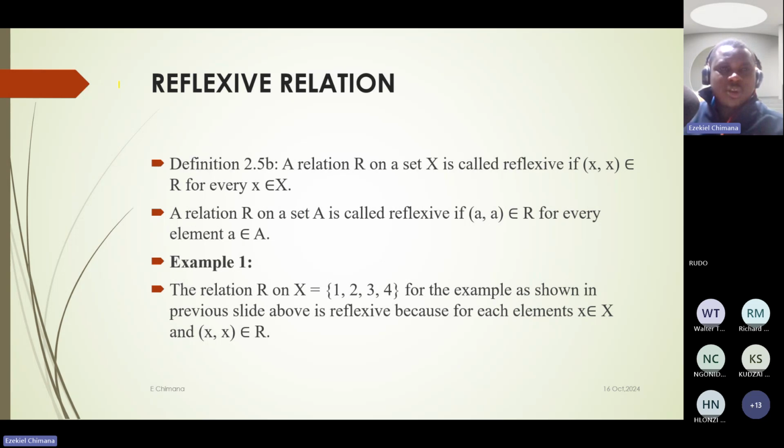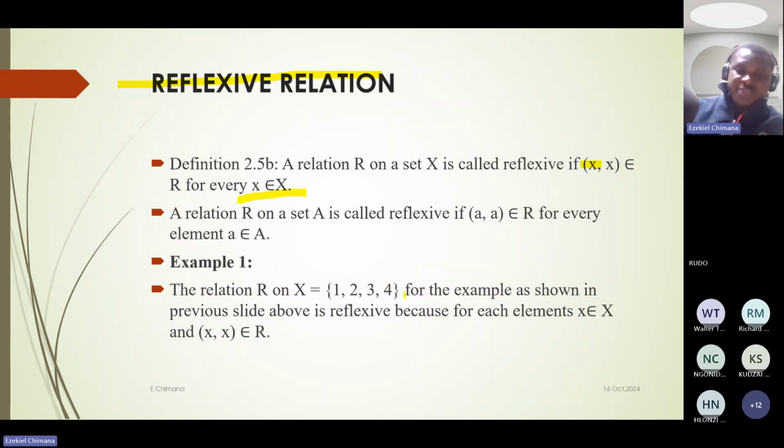So there's what you call a reflexive relation. What is this thing that we call a reflexive relation? If a relation is said to be of type reflexive, you need to understand reflexivity. So a relation R on a set X is called reflexive if (X, X) is an element of R for every X that is an element of X. So in other words, if you have got a set with 1, 2, 3, 4, you must have 1 matched to itself, 2 matched to itself, 3 matched to itself, 4 matched to itself for that relation.